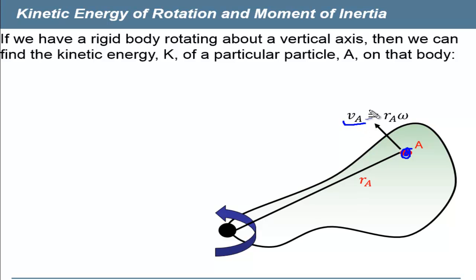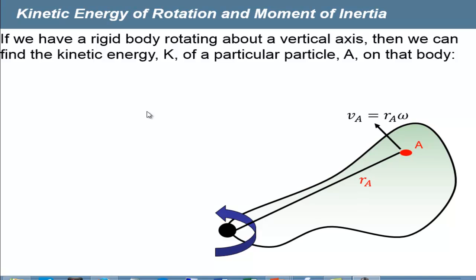But we also know that what we defined in this lecture is that linear velocity is equal to the radius to point A, we'll call it RA, times the angular velocity. So the linear velocity is RA omega.